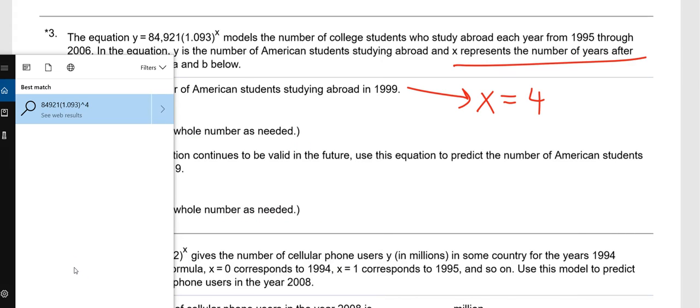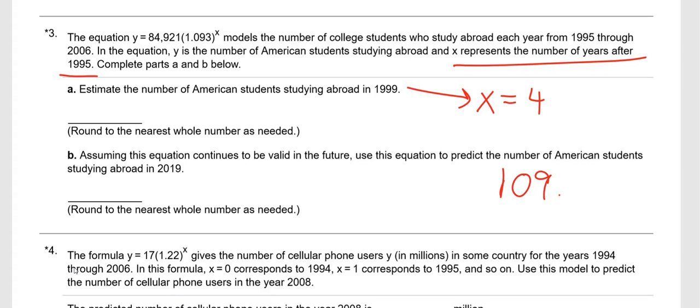Can you tell me what rate we're growing at? It is not 0.93%. It is 9.3%. If you move that over, we had 109.3%. So that is a 9.3% growth.